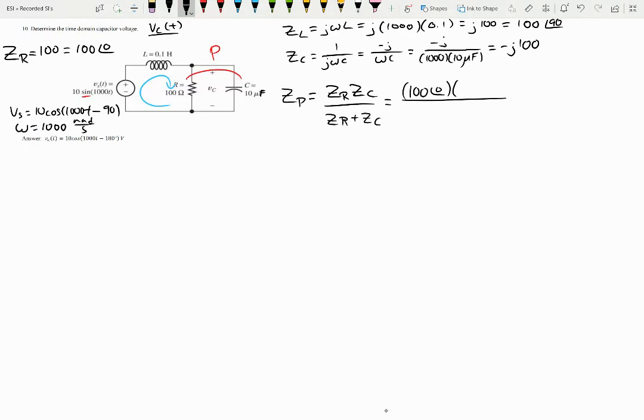Z of C is also 100 at angle negative 90. The bottom here we're adding, so let's use the rectangular form: 100 plus negative j100. So we'll have 10,000 in the top at angle negative 90.